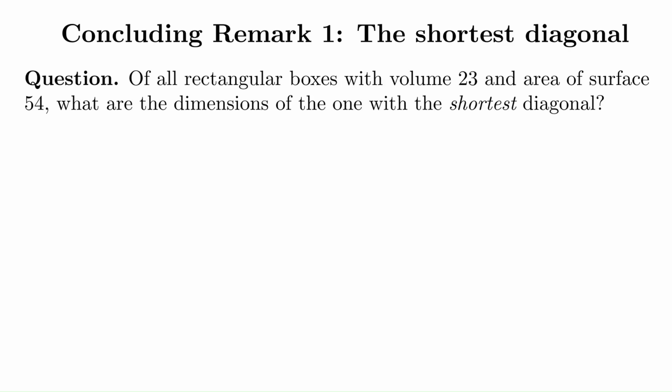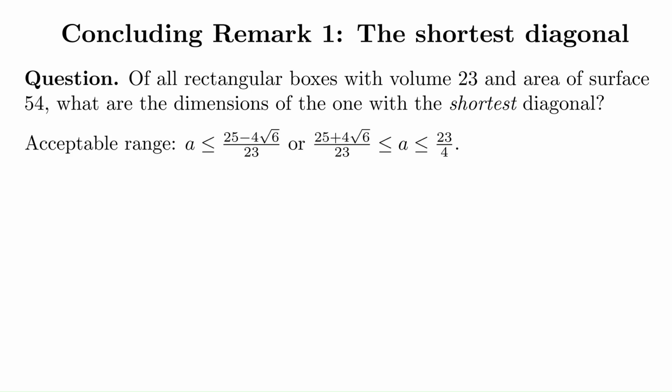We just established the upper bound of the diagonals of all such boxes. Then, what is the shortest diagonal? Using the quadratic discriminant, we estimated the range of the side lengths, either less than or equal to the smallest root or between the second and the largest root.